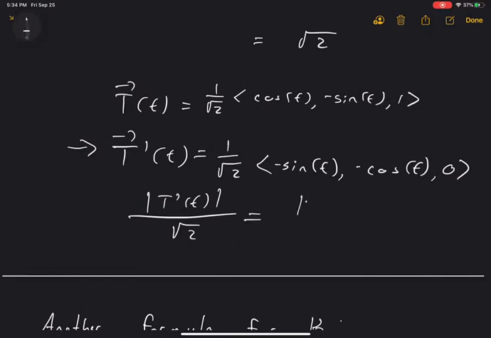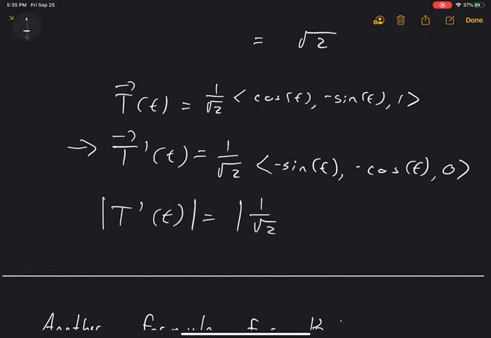And you can save yourself some trouble. Let's do this. Forget about this for a second. Let's focus on T prime of t. Well, that's the magnitude of this vector, right?